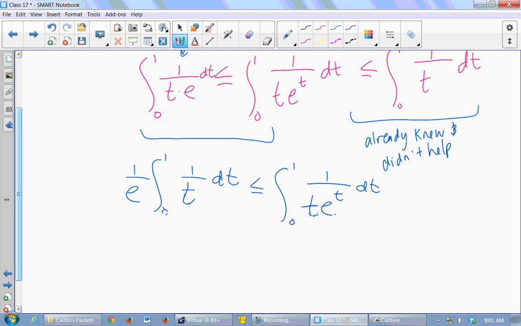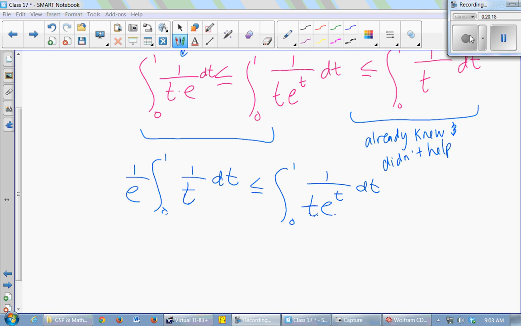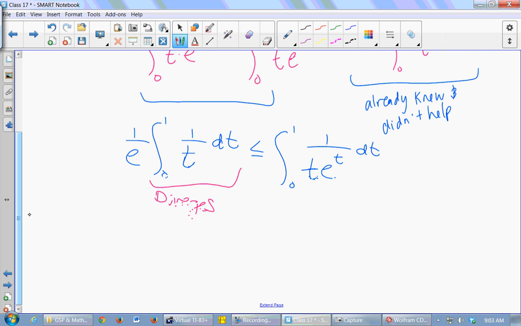Can you just use the fundamental theorem? No, because it's not continuous at 0. But it's 1 over x to the p, where p is 1. Does it converge or diverge? This diverges. So my integral that I'm actually interested in is bigger than something that's divergent, which means it is also divergent.